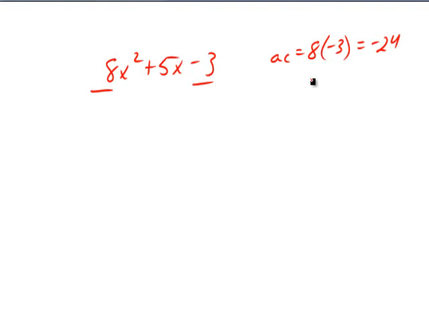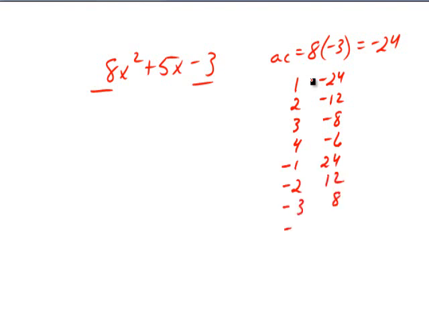I'll list all the pairs of factors of negative 24. 1 times negative 24, 2 times negative 12, 3 times negative 8, or 4 times negative 6. Also the negatives, negative 1 times positive 24, negative 2 times positive 12, negative 3 times positive 8, and negative 4 times positive 6.